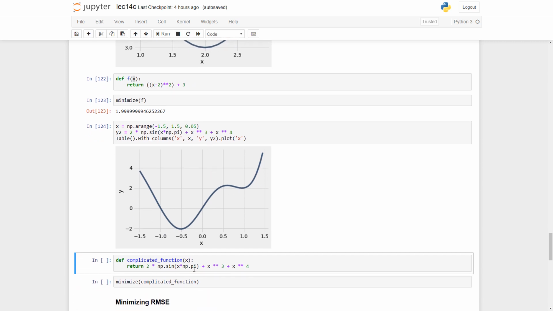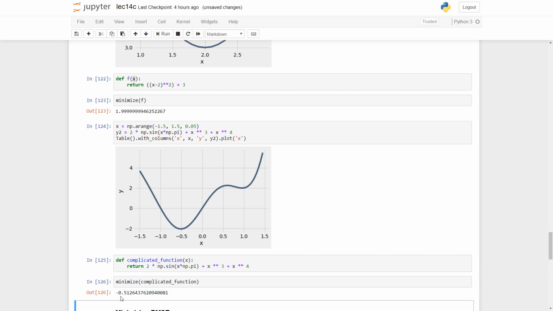Okay, so this is a more complex function, of course, than this. Let's define the function in a separate Python function, and then call minimize for it. Now, what are the parameters of that function? Again, it is just x. So we expect the function to return back one value, which is minus 0.512, which is not exactly minus 0.5, of course, but it is close enough to it.